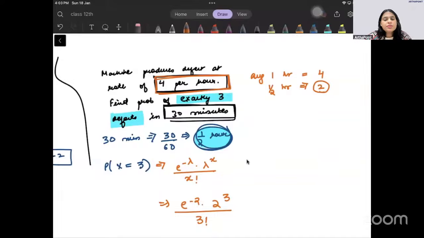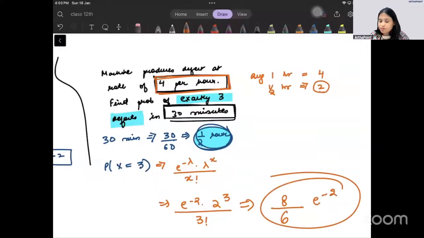Clear? Is it clear? Any doubt? Anyone? Okay. So the answer will be 2 into 2, 4 into 2, 8, 3 into 2, 6, e to the power minus 2.